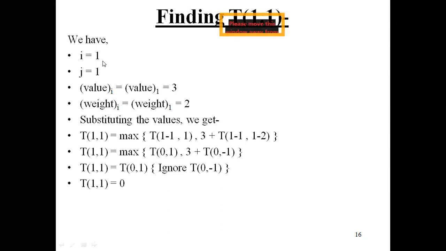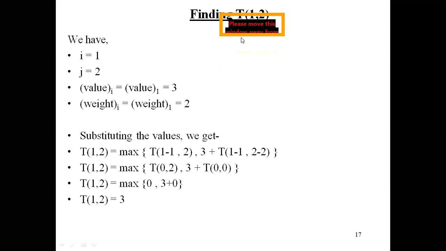In this way, we need to calculate the values to be entered in this cell. T of 1 comma 1 is over. Now consider T of 1 comma 2. 1 comma 2 means i is 1, j is 2. First consider the first item's value and weight. First item value and weight are 3 and 2.